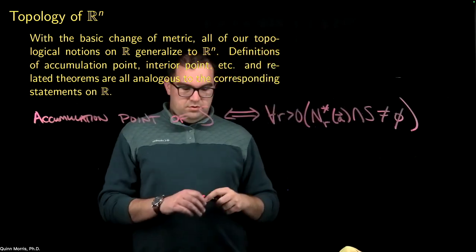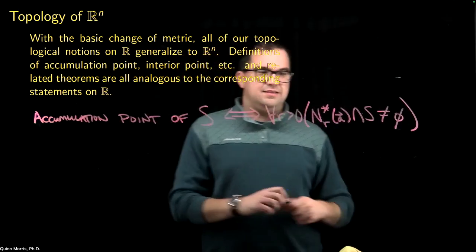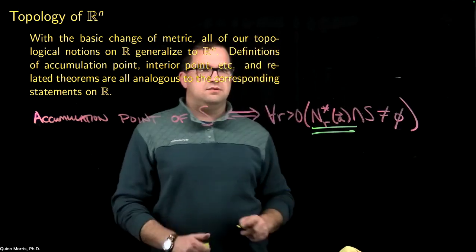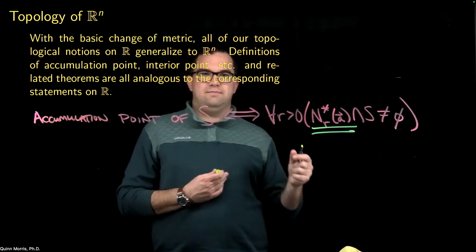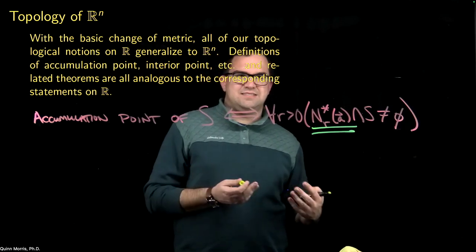Well, that definition is going to be exactly the same in Rn. The only thing that's happened is how we define a neighborhood has changed slightly. But it's exactly the same idea.